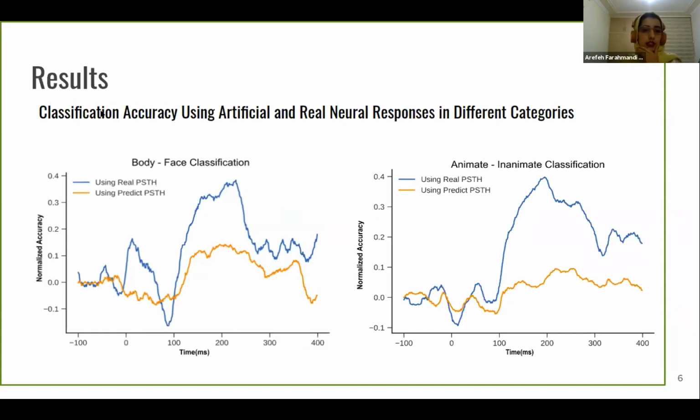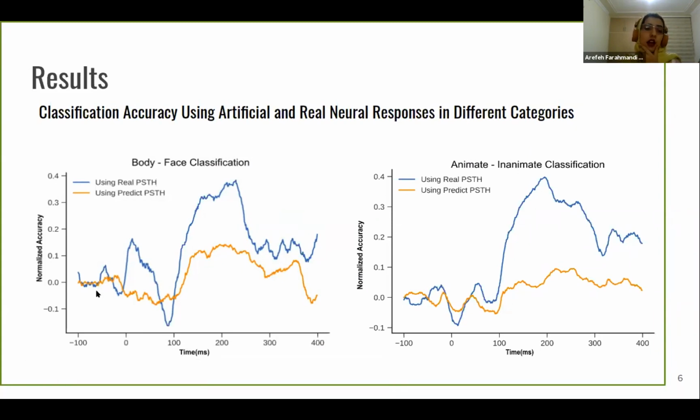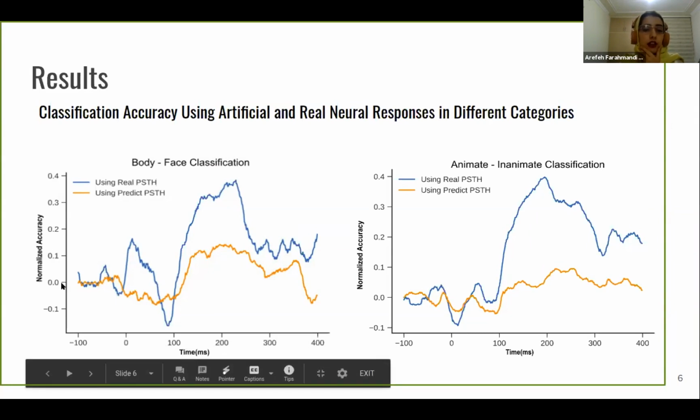And as you can see, the blue plot uses those real neural responses, and it is the normalized accuracy of our classification. Zero shows the exact time that we showed the image for the first time after the blank gray screen to the monkeys. And as you see, this is increasing here.